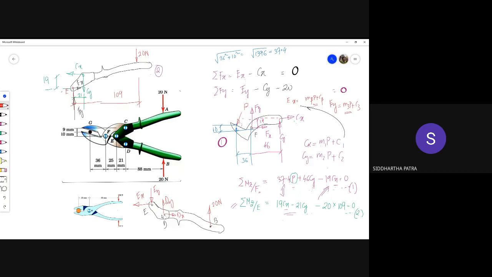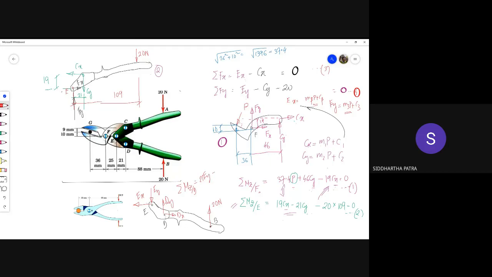Now you can take moment of the whole system with respect to D, and then right away you have the value of P. So you only need 5 equations, 1 and 2, 3 and 4, and then take the moment with respect to D, which is 21 times Ey.